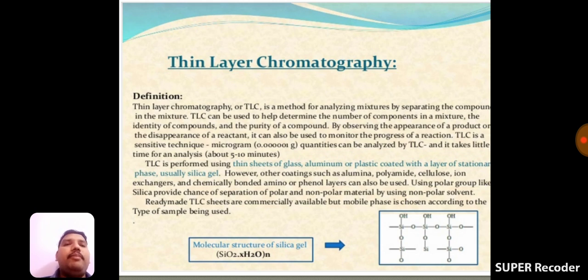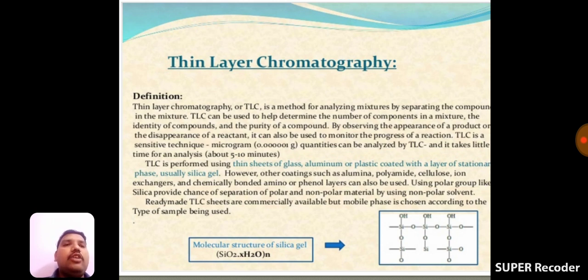TLC is performed using thin sheets of glass, aluminum or plastic coated with a layer of stationary phase, usually silica gel. Silica gel is used as the stationary phase.